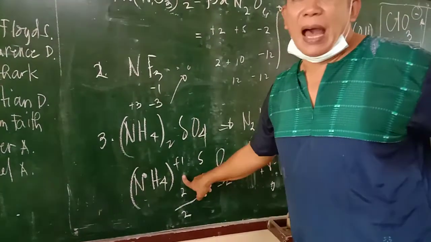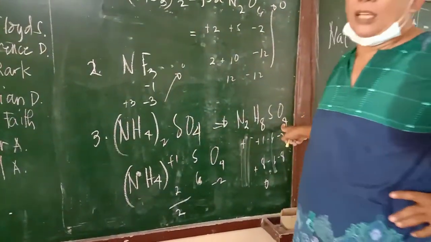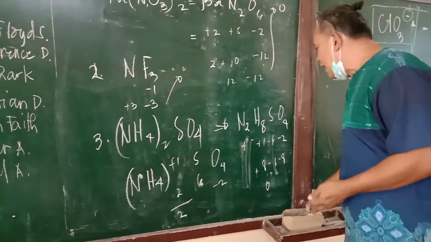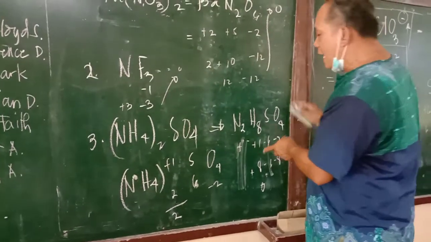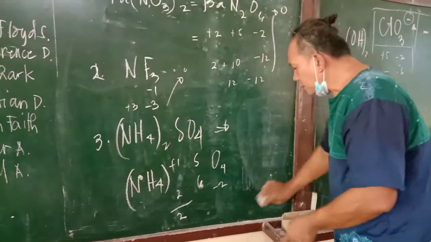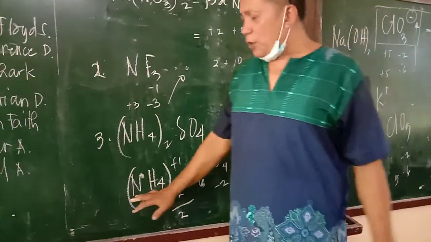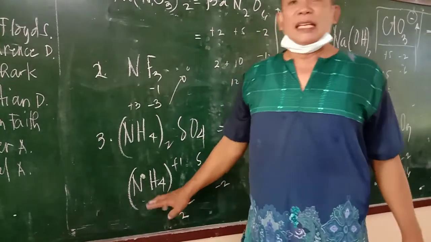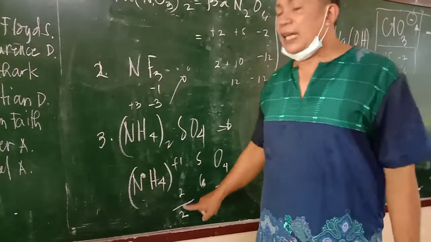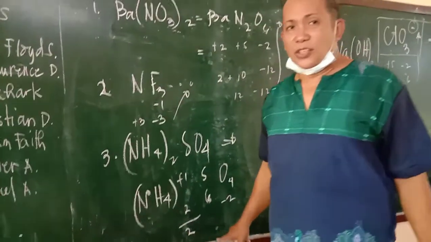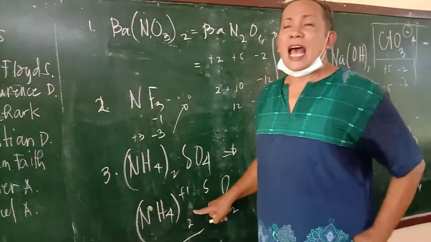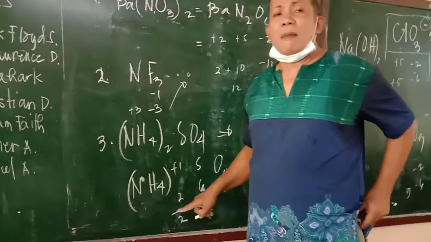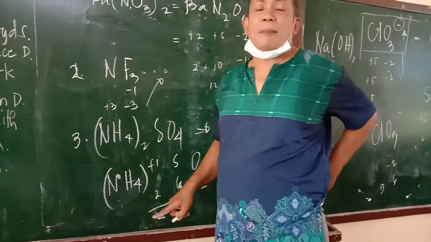Sa inyong periodic table, ang ammonium, positive 1 ang iyang oxidation number.